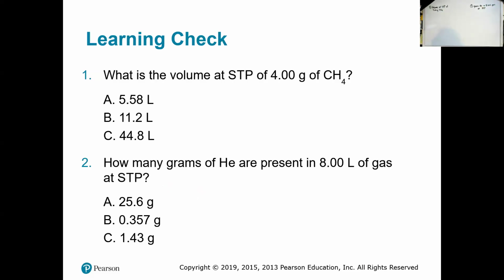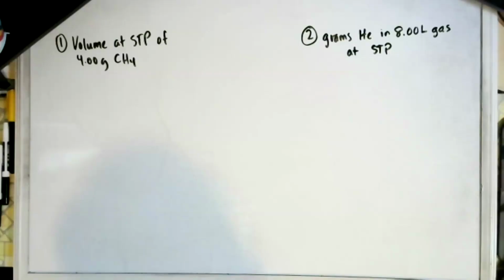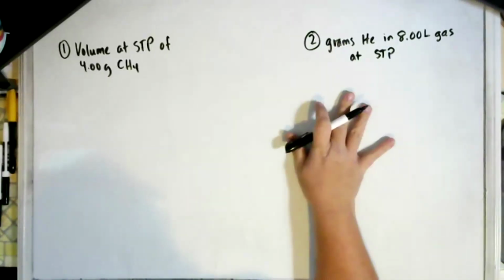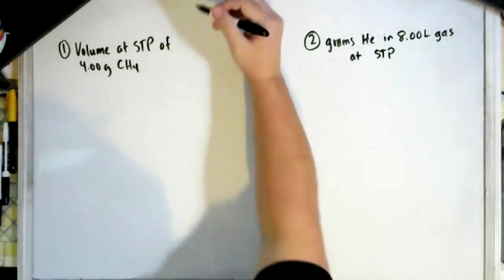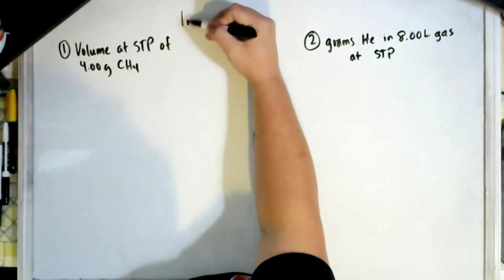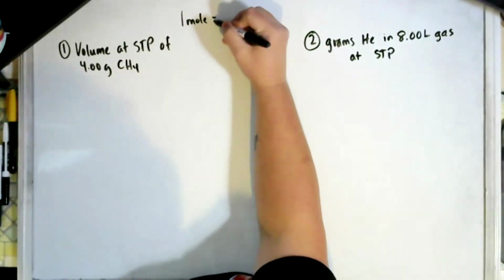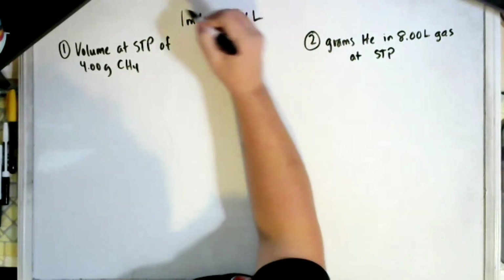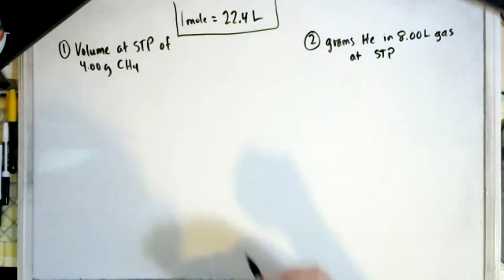We've got our 2 scenarios. Both of these are at STP, so we know that we're likely going to end up using our molar volume equality at some point to help us answer the question.